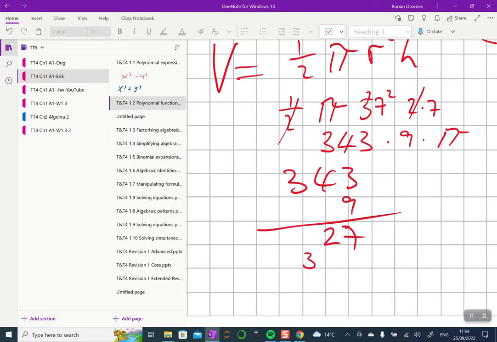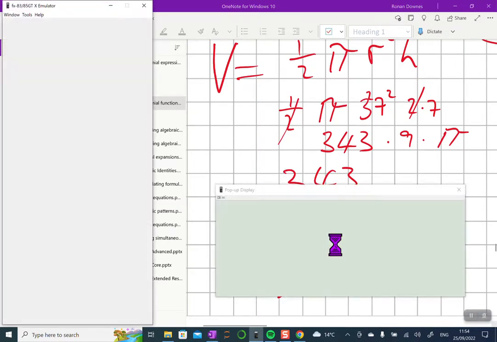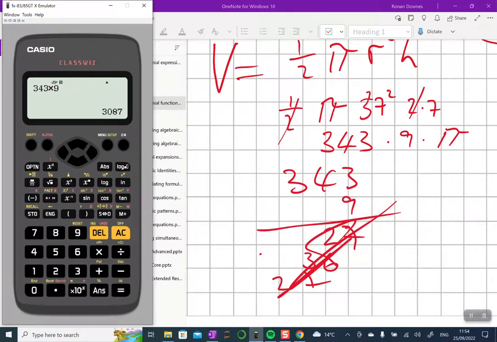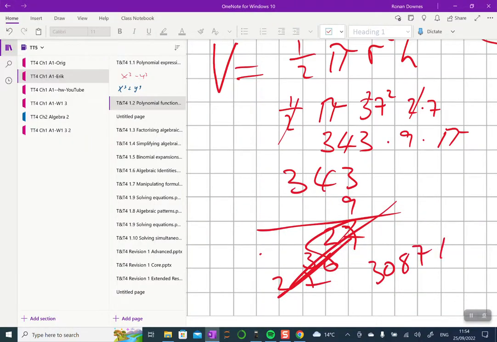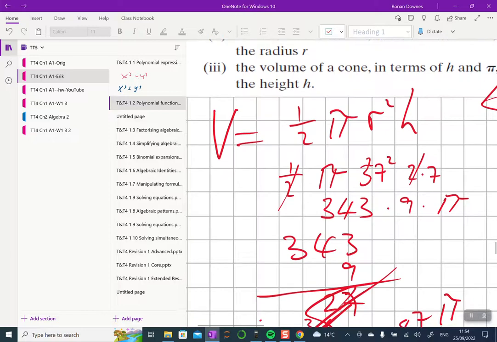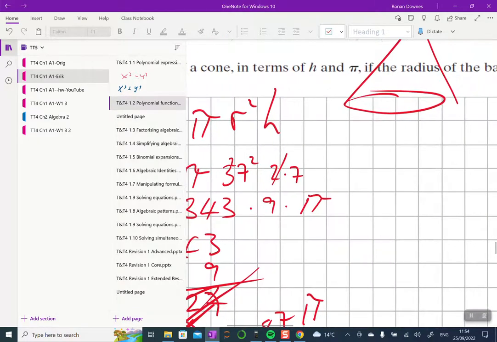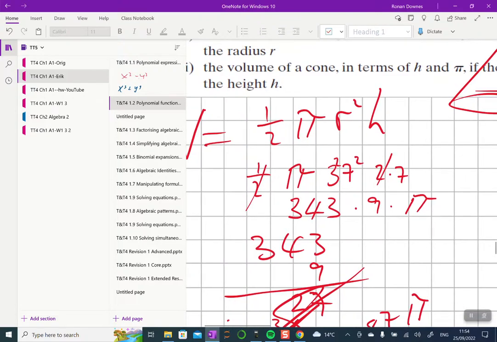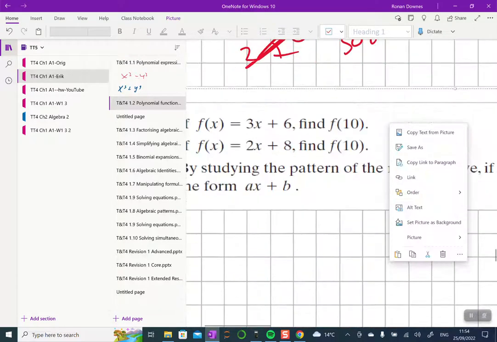And then 27. Okay, and then that's in terms of pi. It's twice the height. I'll come back to that later.